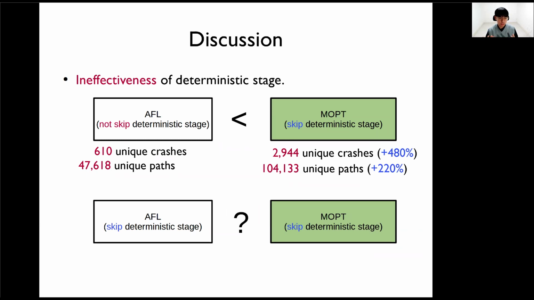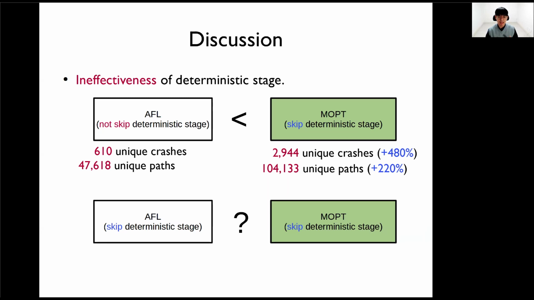This is because only MOPT skips the deterministic stages using the pacemaker heuristic, while the baseline AFL always conducts deterministic stages. So I was curious, and personally performed an additional experiment with a setting that skips deterministic stages. So what do you think the result will be?